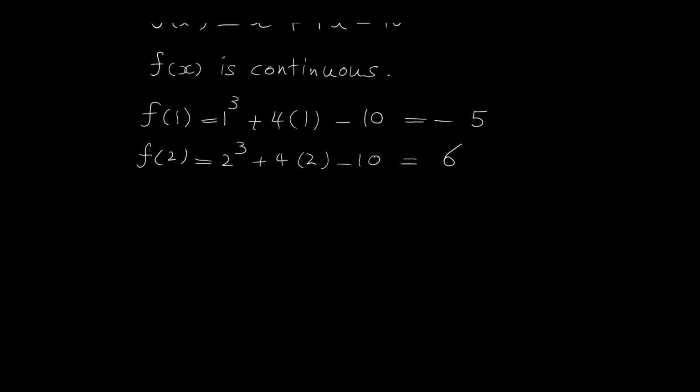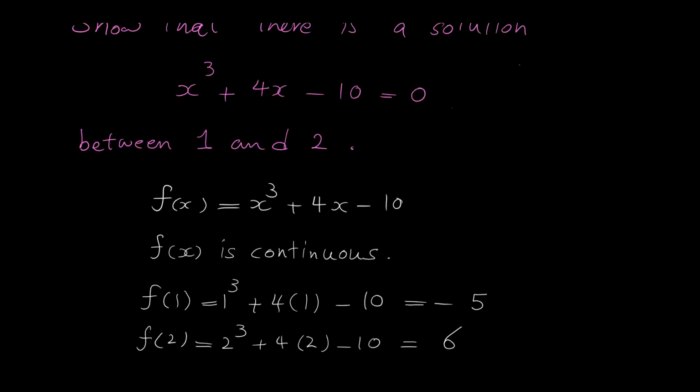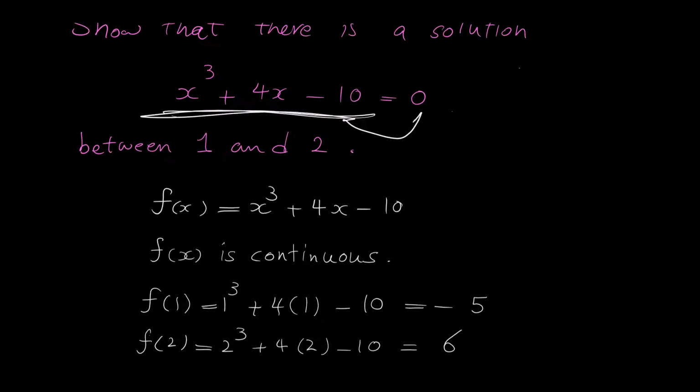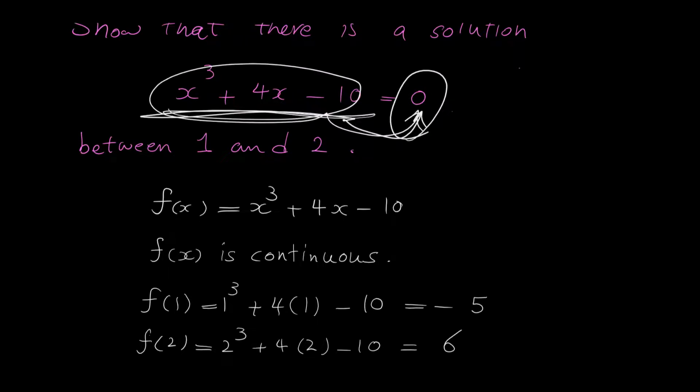What do we want to prove? We want to prove that the function somewhere is equal to 0. When f of 1 is negative and f of 2 is positive, we want to prove that the function is equal to 0 somewhere between 1 and 2. At 1, the function is negative. At 2, the function is positive. So somewhere between 1 and 2, the function should be equal to 0.